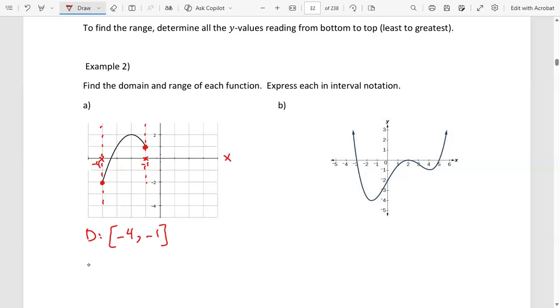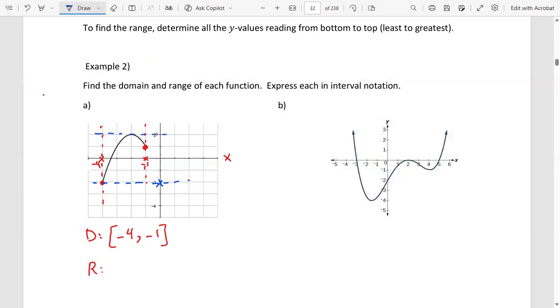But when we talk about the range, that means we're talking about the y values. This time, we are looking at the graph from the bottom to the top because we want to see what part of the y-axis is covered by the graph. So the very bottom part of the graph is over here, and on the y-axis it is -2, and it's going up all the way to this point.